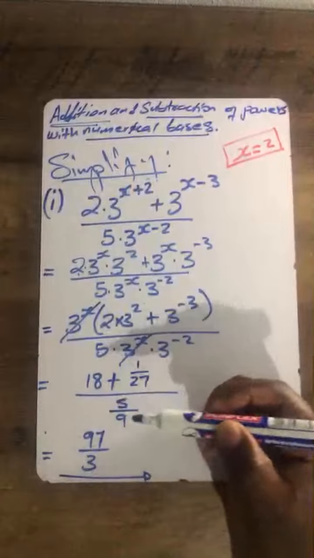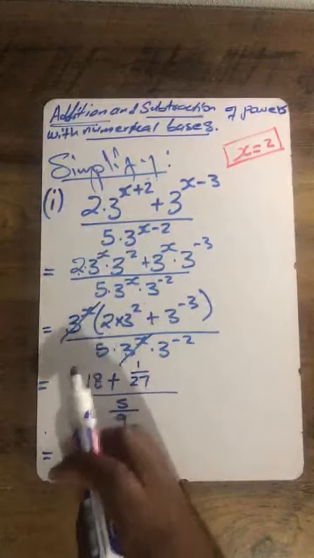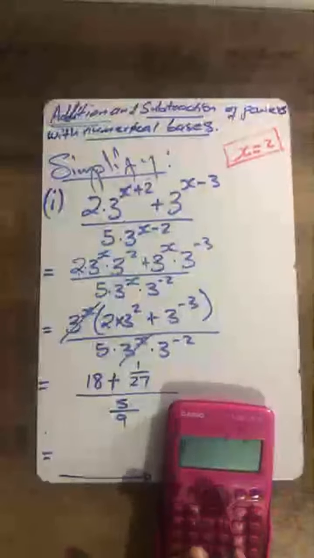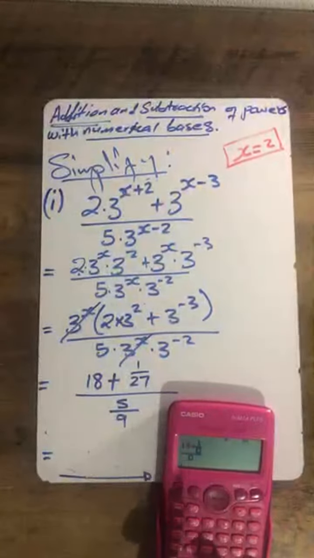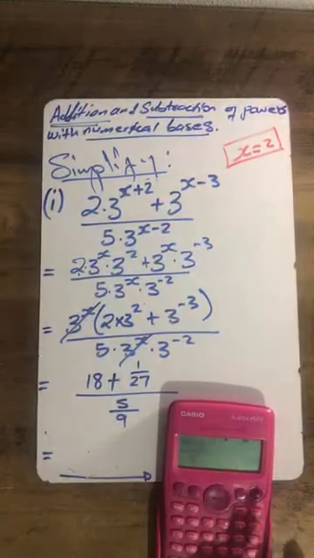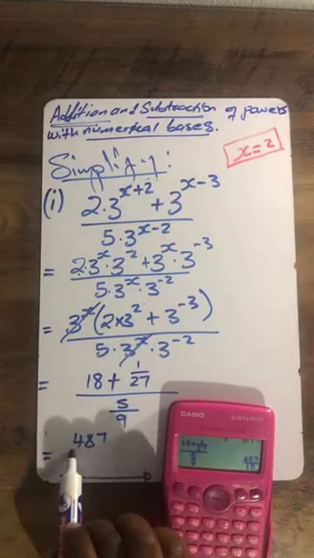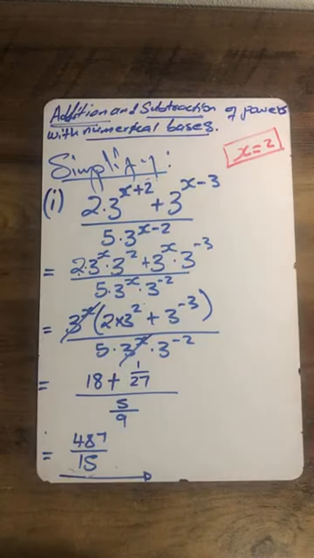There it is a plus and not a minus. So now I need to punch that again. You start with a fraction pattern and say 18 plus 1 over 27, at the bottom is 5 over 9, and it gives 487 over 15. 47 over 15.